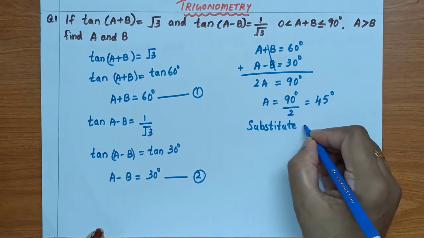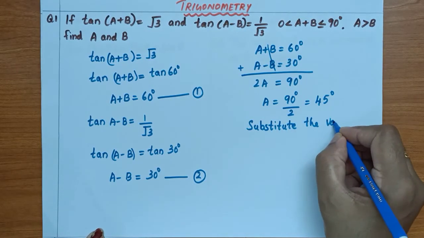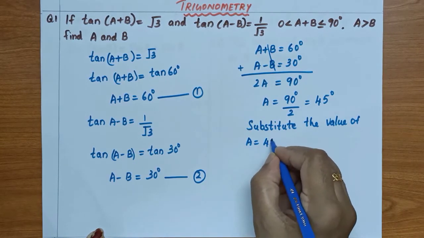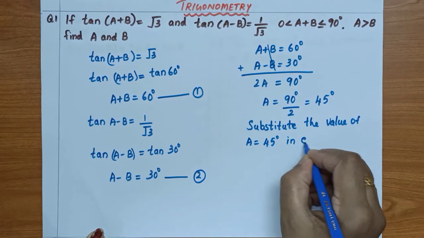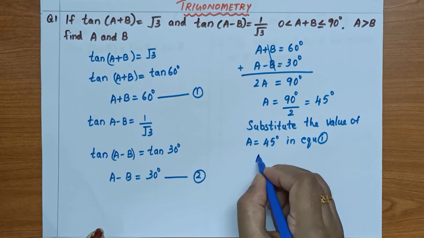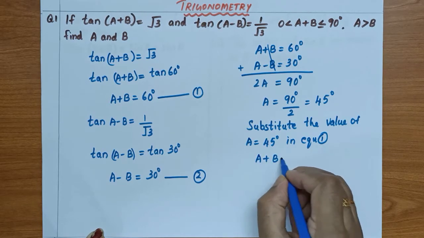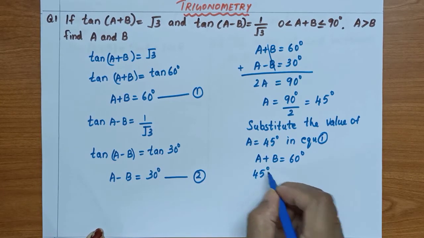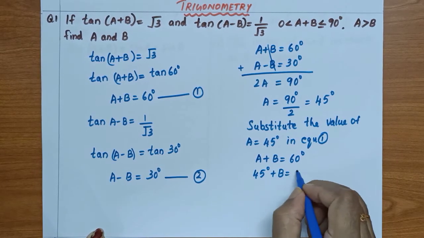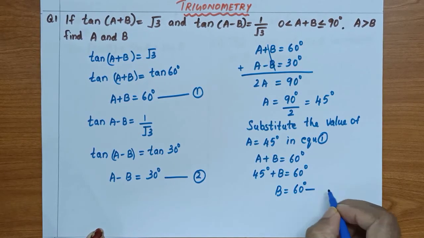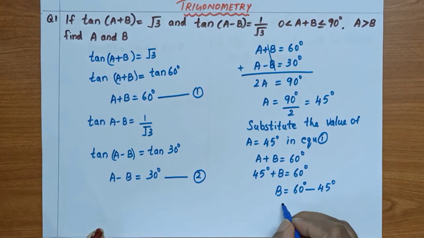Substitute A equal to 45 degree in equation number 1. Equation 1 is A+B equals 60 degree. Putting A as 45 degree, 45 degree plus B equals 60 degree. So B equals 60 degree minus 45 degree, so B is 15 degree.